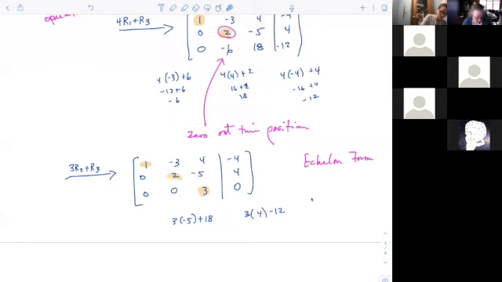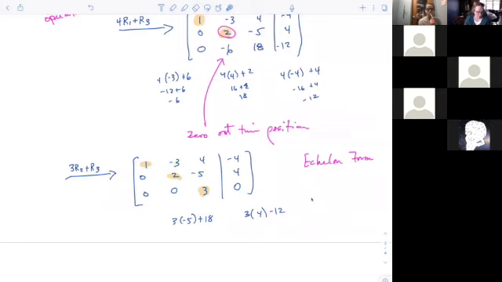Every time you start at the upper left and then you move over and down, over and down. Sometimes there can be columns that don't have a leading entry, but for now we won't worry about that. You move over and down, there's another one, move over and down, there's another one. It's not always going to be like that.